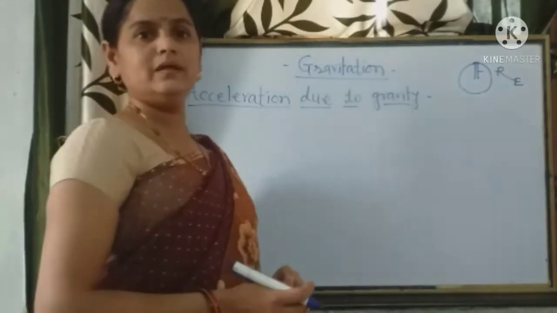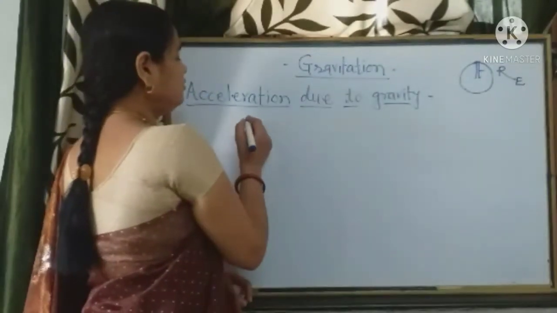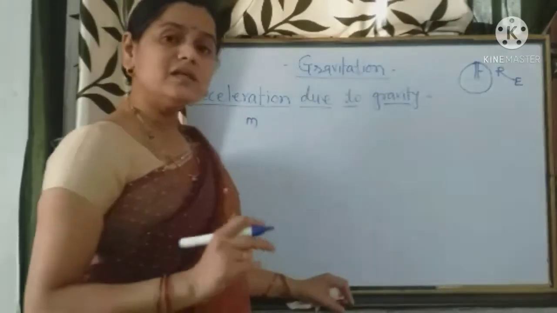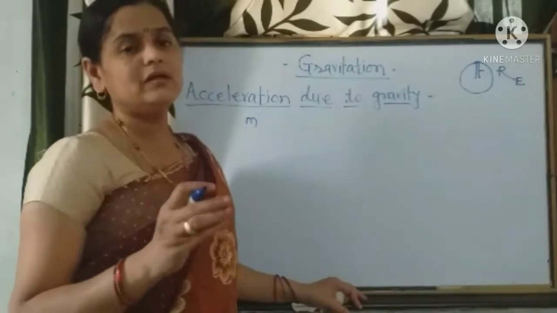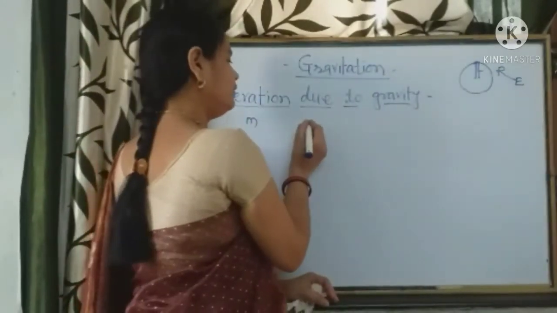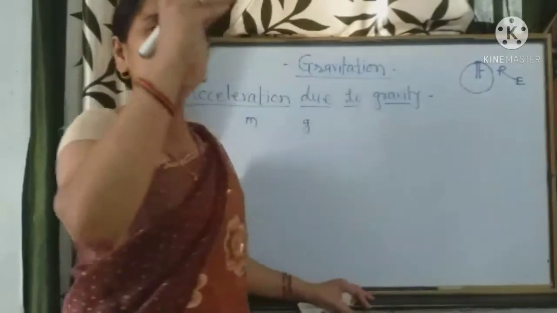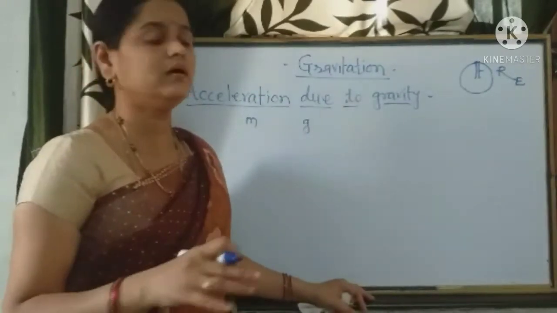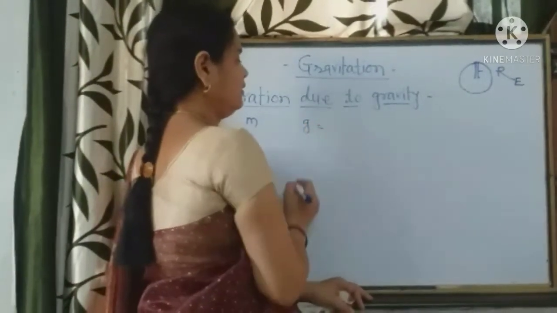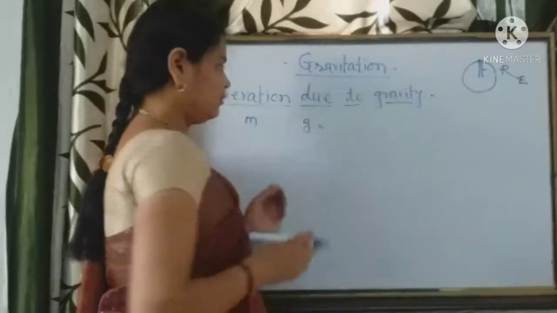As we have seen, a point mass gets attracted towards the earth with acceleration due to gravity, g, that is, it will fall on the surface of earth with this acceleration.